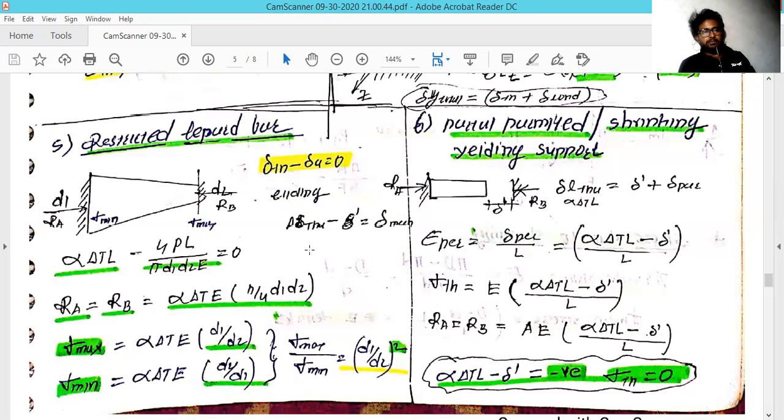So here, if you need to find out the value of RA and RB, as we have seen previously, you need to multiply with its area, which is alpha delta T E into the area of this taper rod, which is nothing but pi by 4 into d1 and d2.